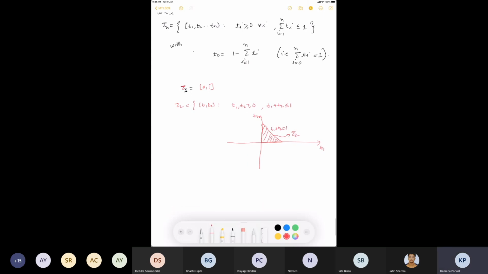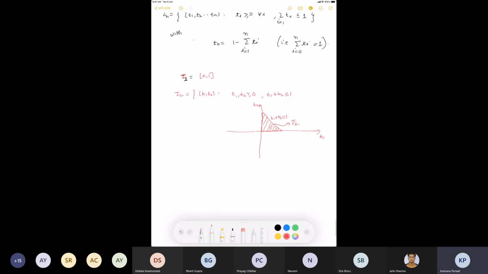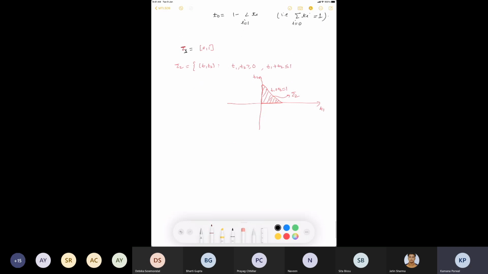Likewise, tau 3 is going to be a pyramid. If you have one more axis, the t3 axis, there also you will have height 1. So it's like a pyramid. This is how the region tau n can be visualized. All right, now let's try to prove this theorem.